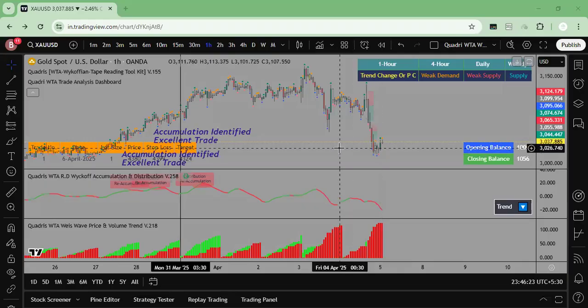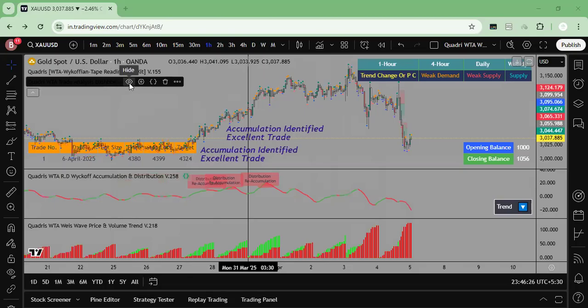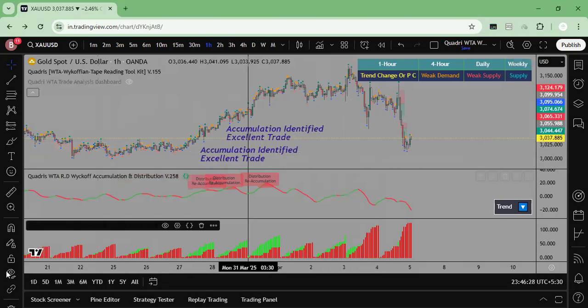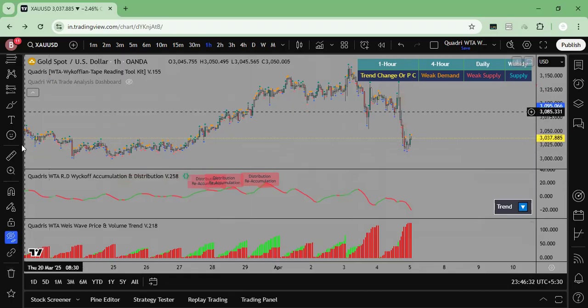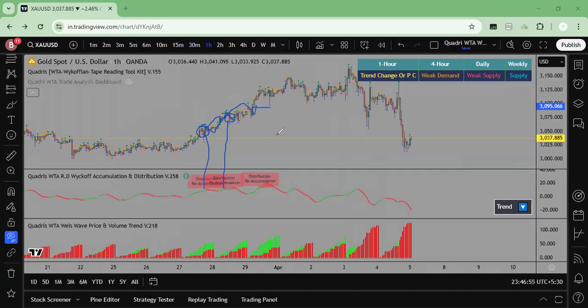So, as you can see, we got a distribution later converted into reaccumulation. Then again, we got a distribution which was later converted into accumulation, and this was later tested and we got an opportunity at this particular point.